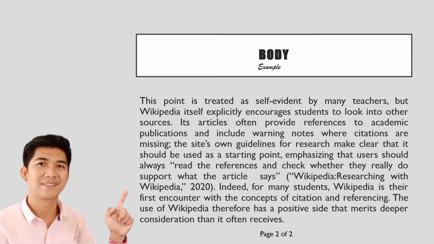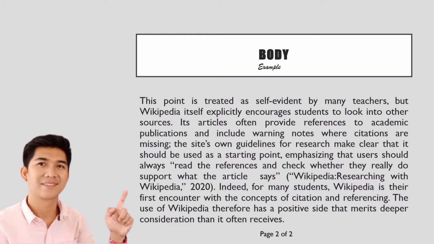This point is treated as self-evident by many teachers, but Wikipedia itself explicitly encourages students to look into other sources. Its articles often provide references to academic publications and include warning notes where citations are missing.